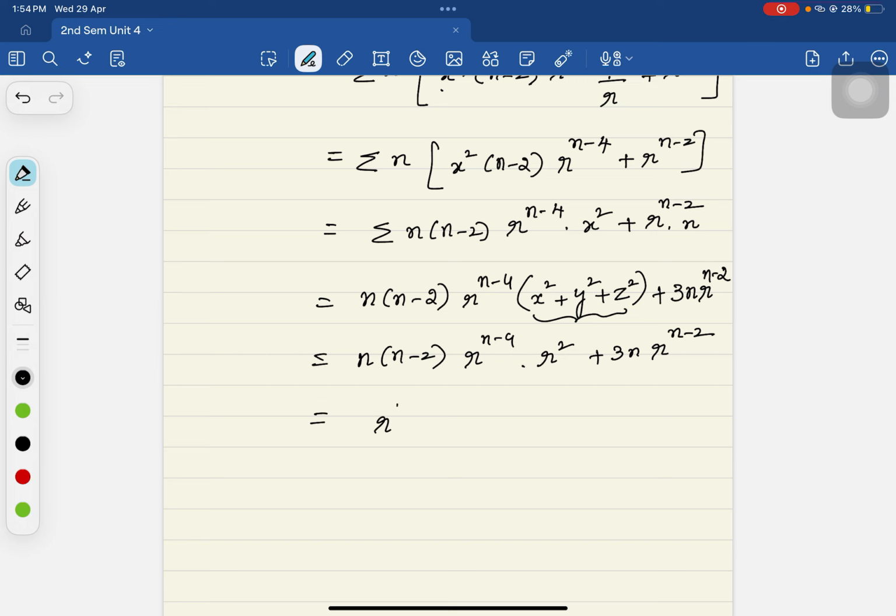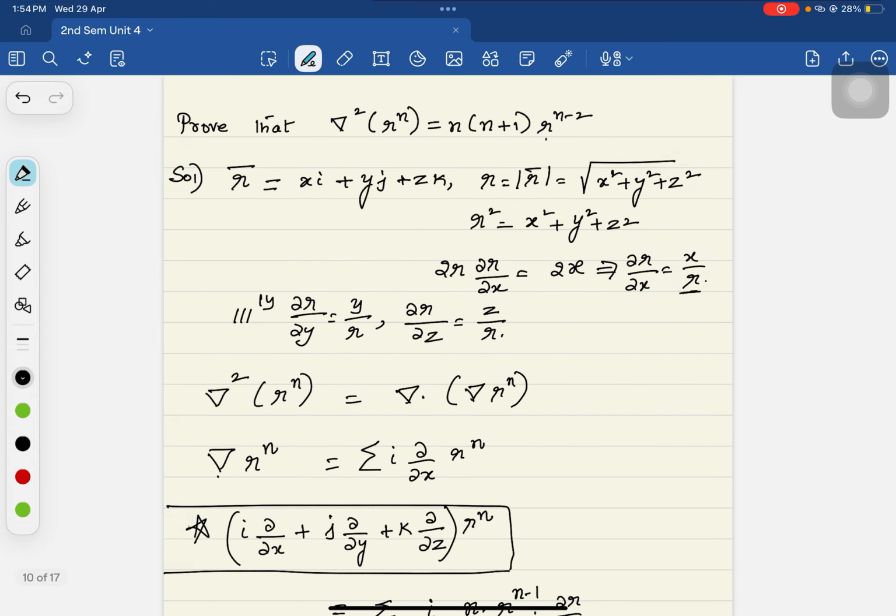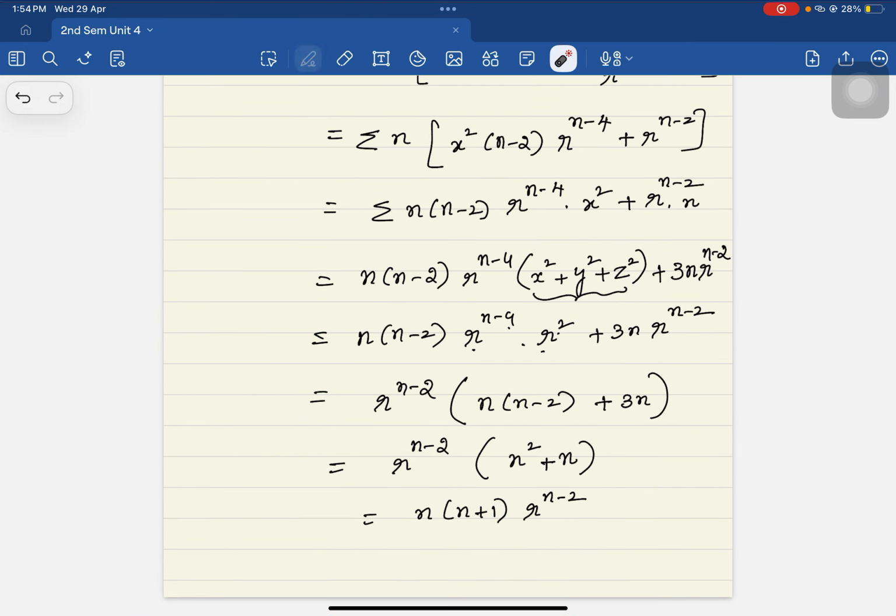R power n minus 2 is common, because r power n minus 4 plus 2 becomes r power n minus 2. So n into n minus 2 plus 3n, right? That gives you r power n minus 2 times n square minus 2n plus 3n, which becomes n square plus n. So that gives you n multiplied by n plus 1 times r power n minus 2. This is the same thing we were asked to show: n into n plus 1 times r power n minus 2. So hence the proof.